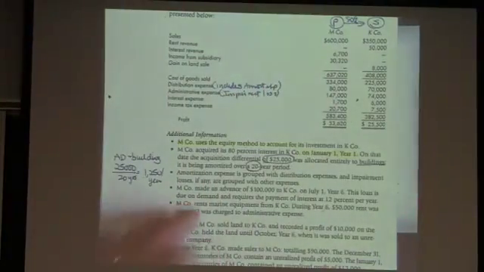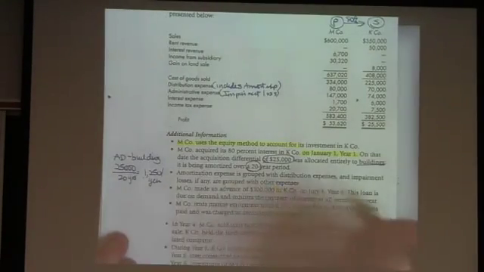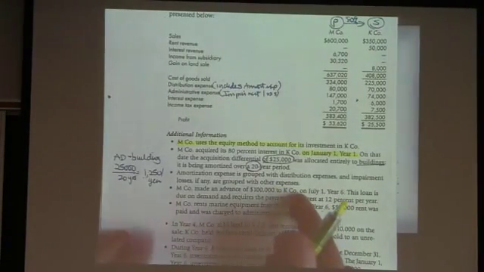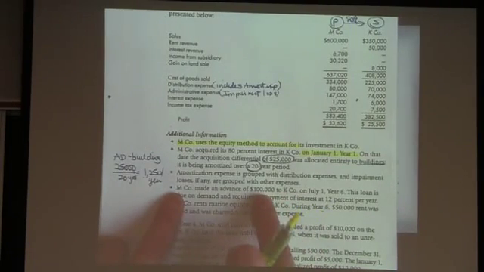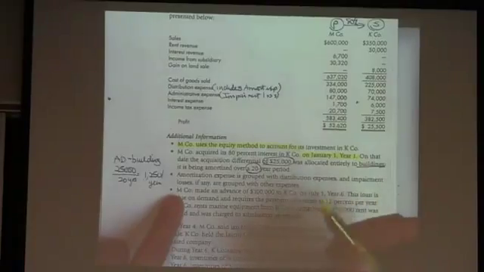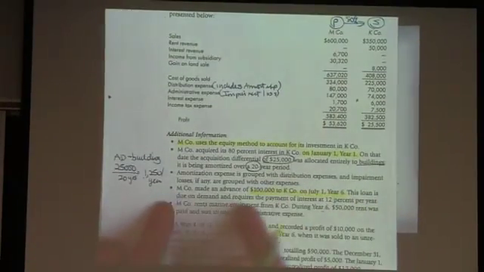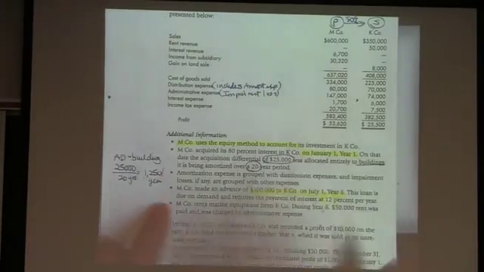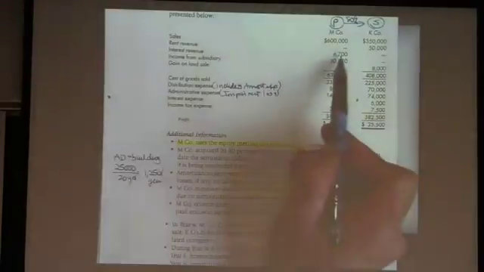Okay, now M made advances of $100,000 to K, so that's a downstream transaction, and it says this is on July 1st, year 6. The loan is due on demand, and it has 12% interest. So we know that's intercompany interest revenue and expense, right?